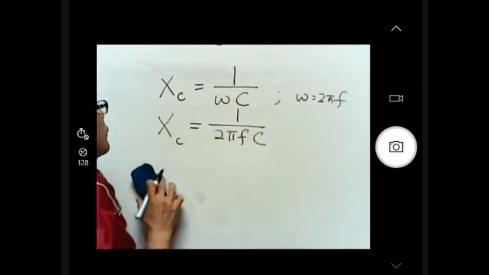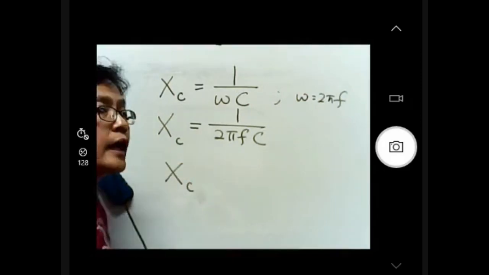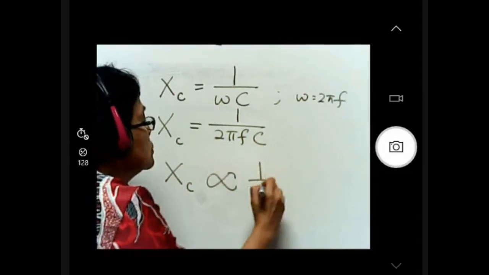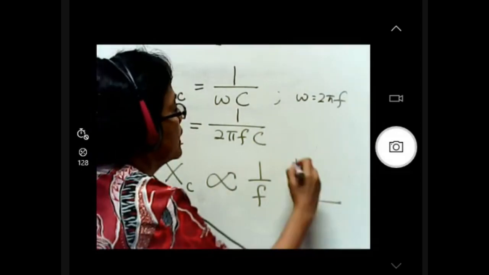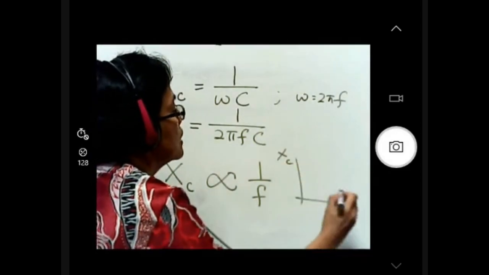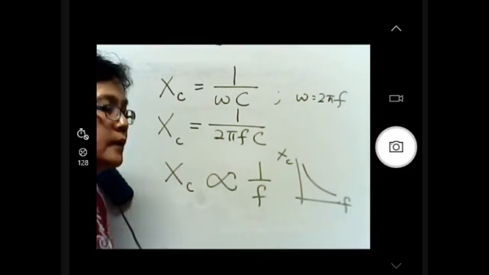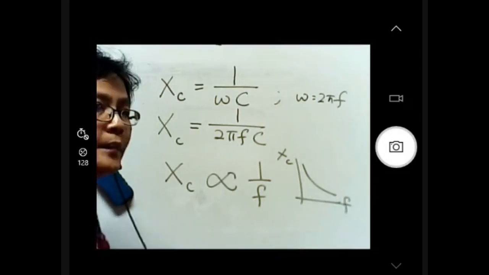So from here, we find that capacitive reactance is inversely proportional to frequency. Meaning if I sketch a reactance against frequency graph, then the graph will look like this. So that is about pure capacitor circuit.